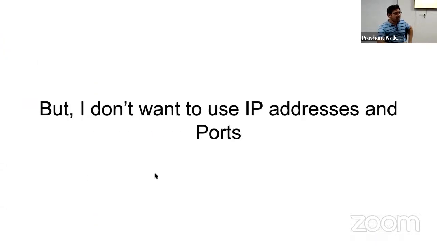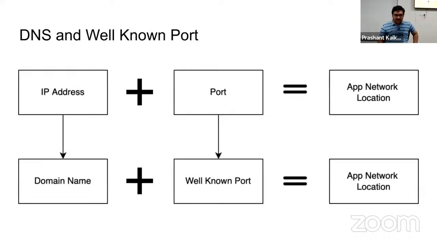But I don't want to deal with IP addresses and ports. So no IP addresses and ports, we don't want that. So how do we actually get rid of this? Commonly, we don't use IP addresses at all. Even if that is how the internet works, we don't say some number instead of Google and that's where you need to go.